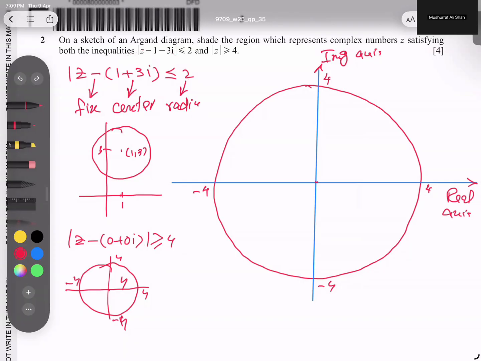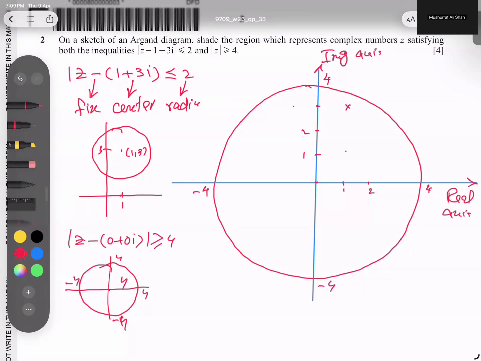So where is 1 comma 3? If you look carefully, 2 is this and 1 is here, and this is 2 and this is 3. So 1 comma 3 is this point. This is the center of the circle. Now I'm going to sketch a circle of radius 2. Look carefully: this gap is 1 and this one more, so the circle will be the boundary.